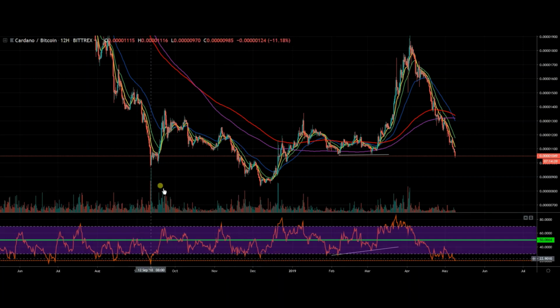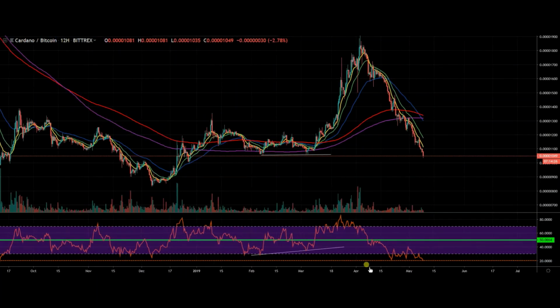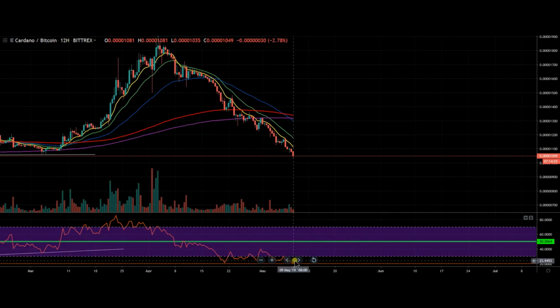But you can see here on this little spike, I'll use this one, sorry, the spike is bringing us up to the RSI 50, even though the price has not moved higher that much. This is what we need to see here. We need to see the RSI gain some strength, even though price does not move higher that much. And when we get that bounce, we can start to look at a trend change.